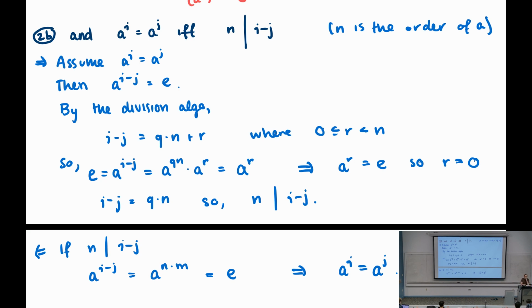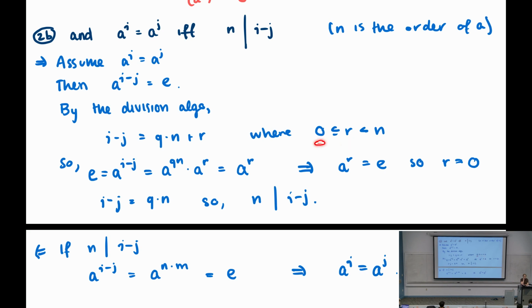Yes, so the r is the remainder from the division algorithm. It is some number between 0, and it could be equal to 0, but it's strictly less than n. And we showed that a to the r is equal to the identity. We also know that n is the least positive integer that has that property. So what are our options for r? Well, they could be positive integers, which we've excluded because n is the only thing that's allowed to do that.